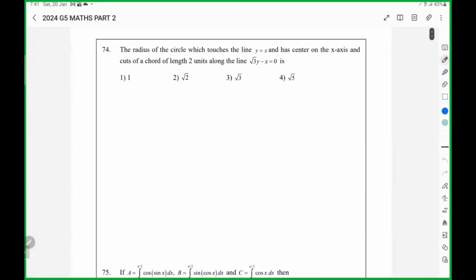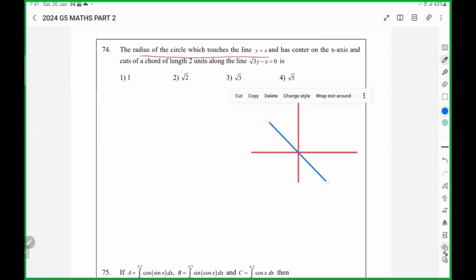The radius of the circle which touches the line, the coordinate axis, this is the y equal to x line.